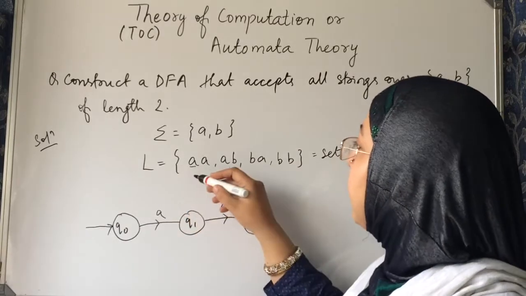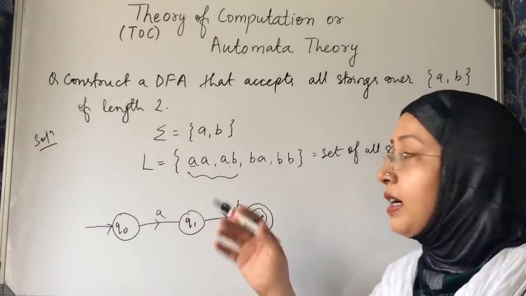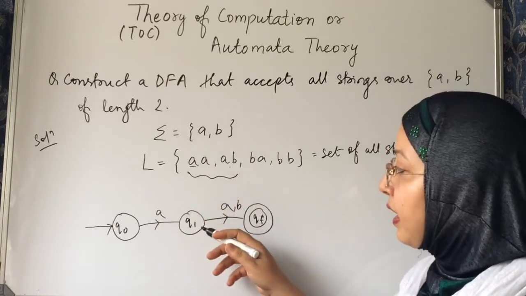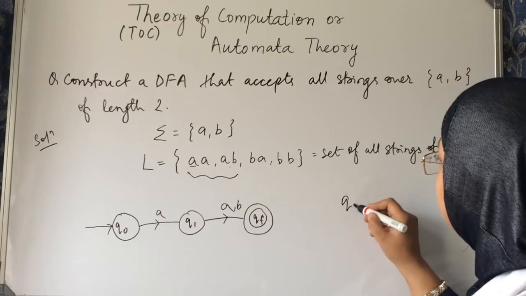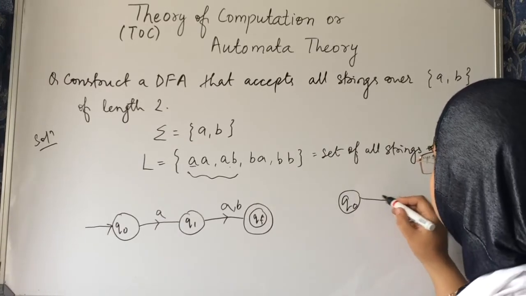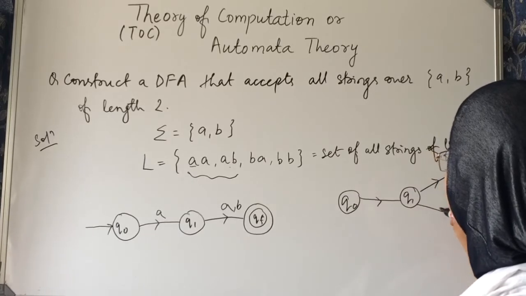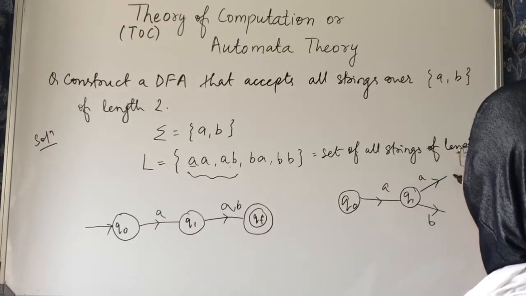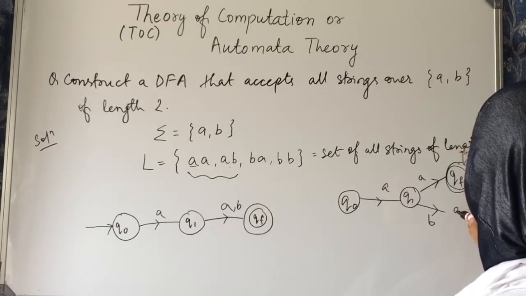At this moment I am taking these two strings only, AA or AB. We can also do it in two ways: Q0, Q1, and it goes here and here on A and B, and we make QF1 and QF2.